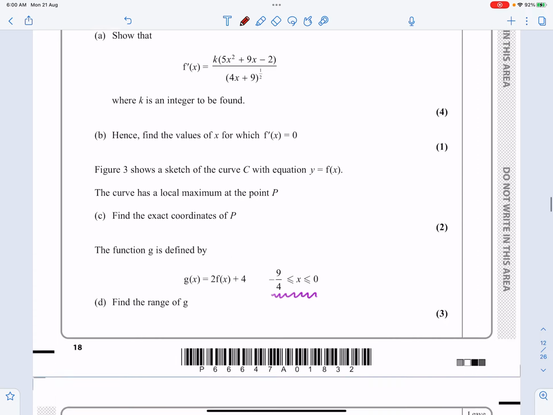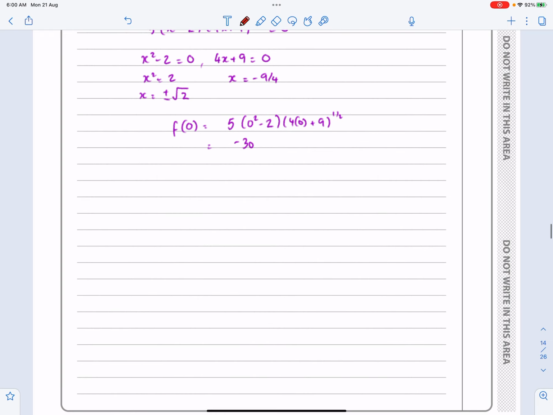Okay, so let's just go back and explain to the examiner what I'm doing here. So we're going to say, for x from 0 to minus 9 over 4, the range of f(x) is minus 30 to 10.